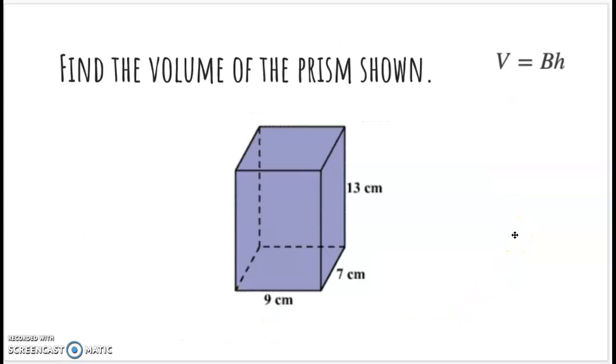All right, so for example, find the volume of the prism that is being shown. So let's check it out. Looks like we have a rectangular prism. Okay, so I'm going to do the area of my base, length times width, which is 9 times 7, and then I'm going to multiply by the height of my prism, which here is 13.